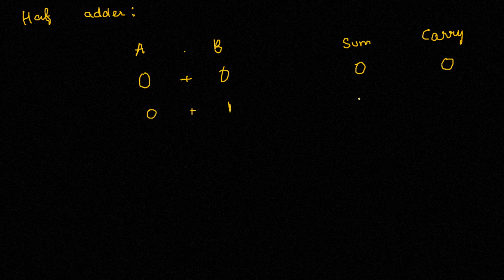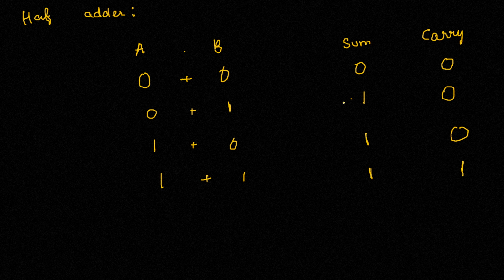The addition of 0 and 1 gives us 1 with no carry, so we have 0 in the carry. Similarly, 1 and 0 is also going to be the same addition, which gives us 1 as the sum with no carry. Adding 1 and 1, however, gives us a carry of 1 along with 0 in the sum.